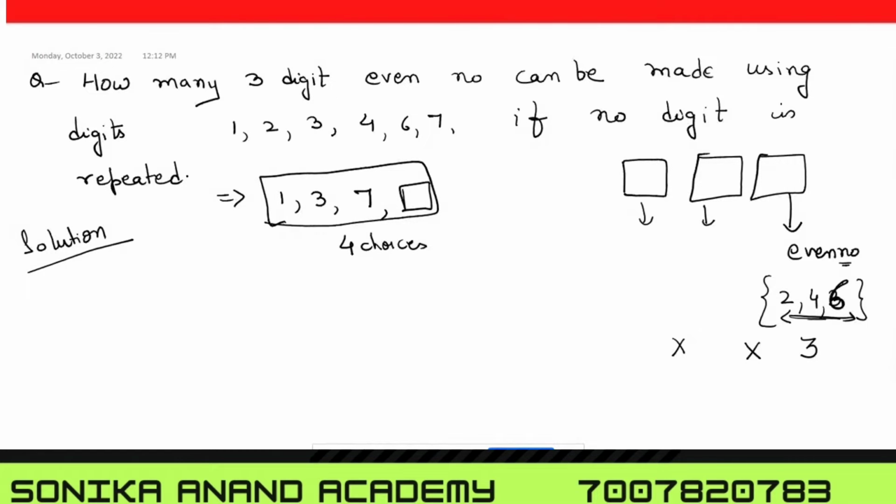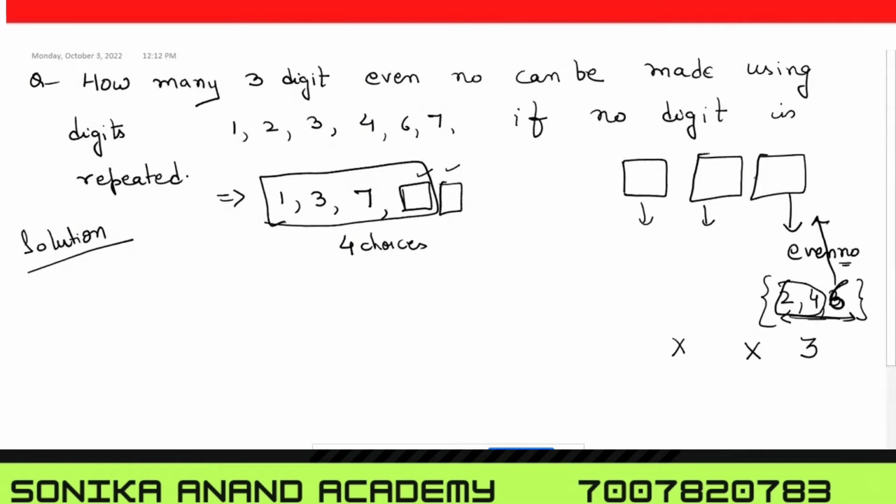Listen. Only one number is used, two numbers are left. So we have two choices. If I use 2 over here, I am left with 4 and 6.